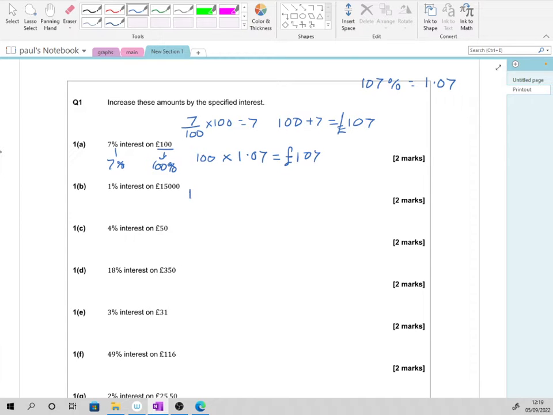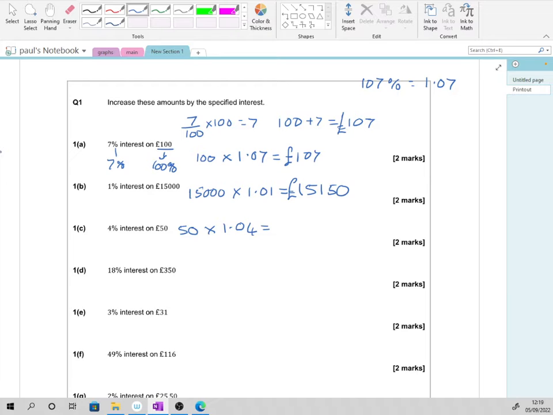So we're going to do the 15,000 times 1.01. 15,000 times 1.01 is 15150. See how you get the answer a lot quicker. Add 4%, so 50 times 1.04.